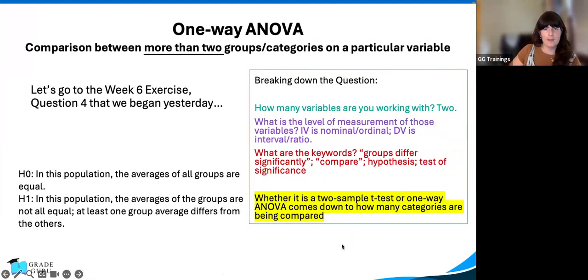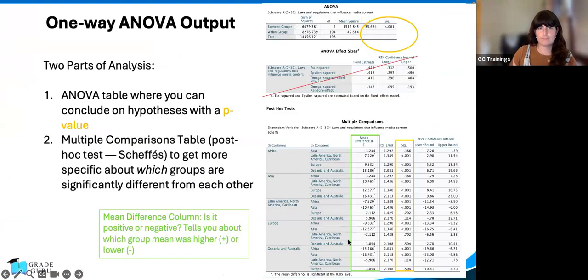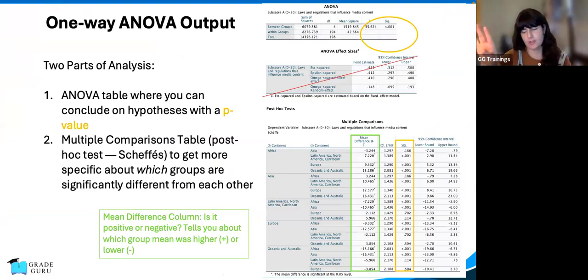Keep going. Okay, ANOVA interpretation. There are two parts to your ANOVA interpretation. When you run the analysis, you put in your variables and then you have to click on a post hoc test, which means the ANOVA tells you whether or not there is a significant difference between groups.